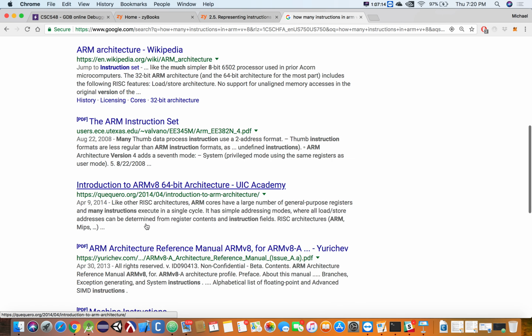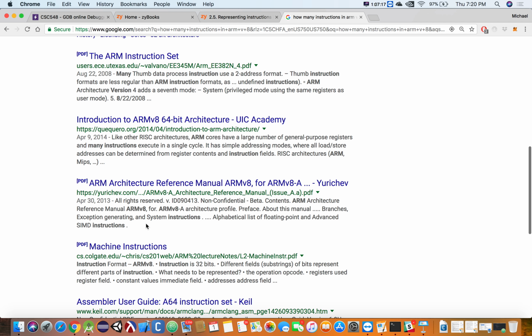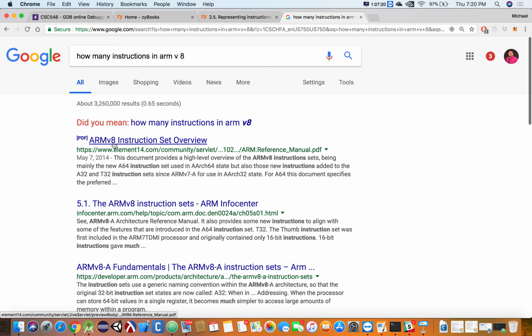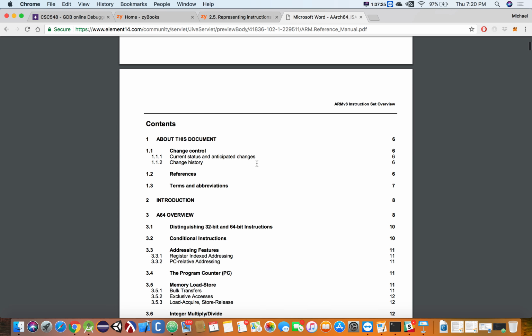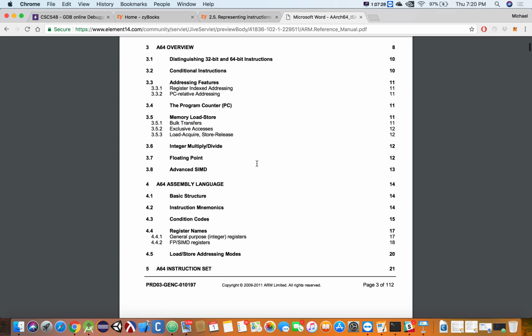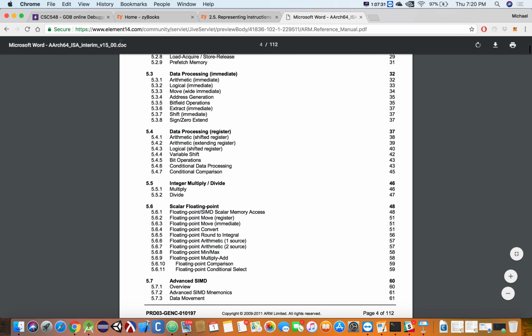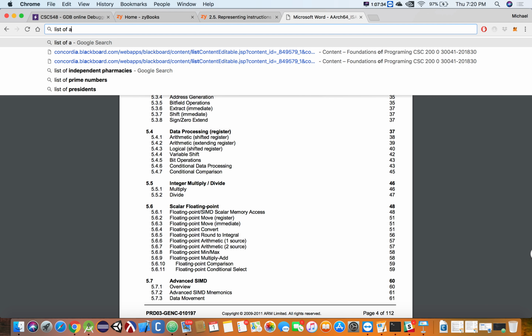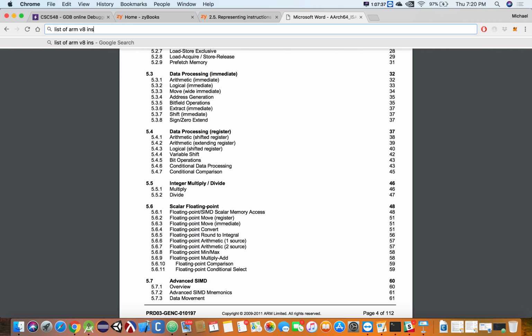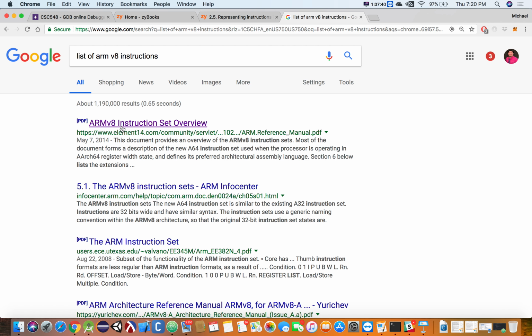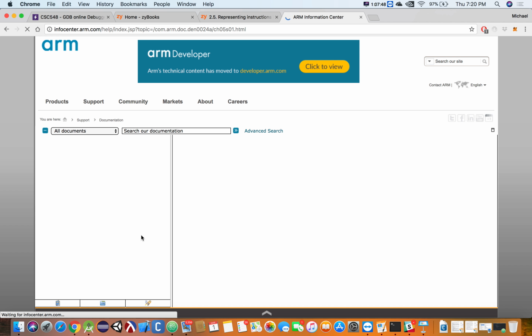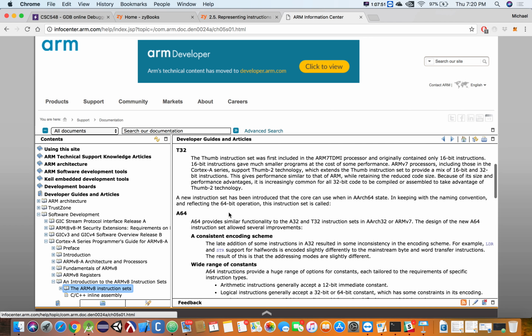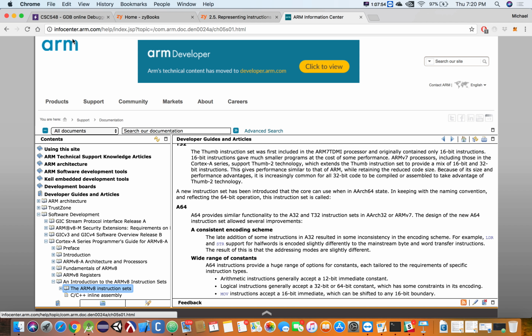I was hoping somebody would just give it to me at the high level here. Well, let's see if this first one will do. Do we get a list of instructions? List of ARM v8 instructions. I just want a number.